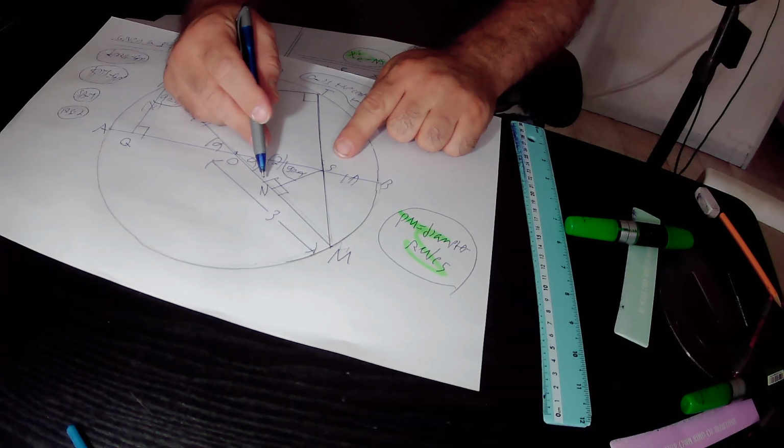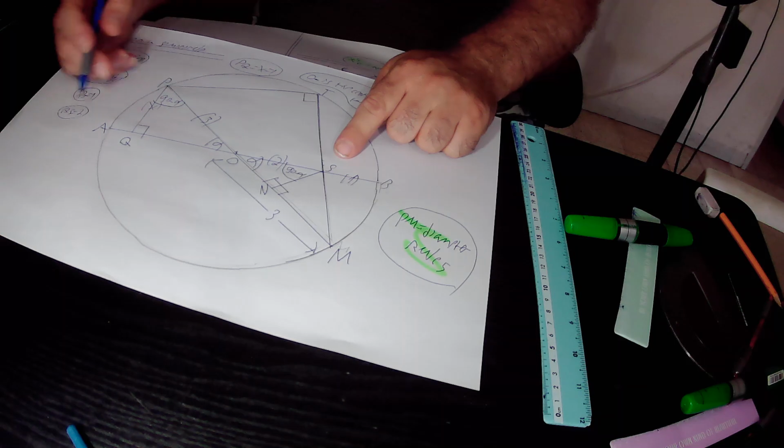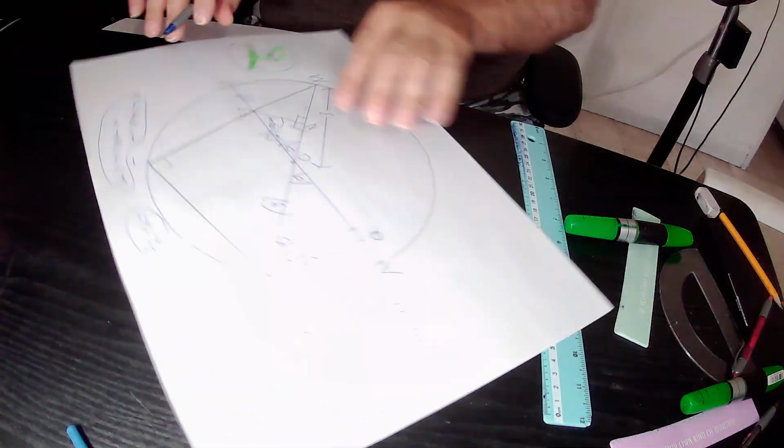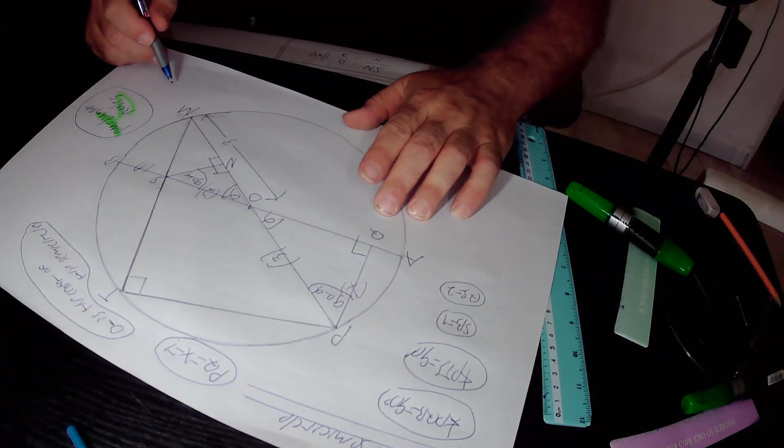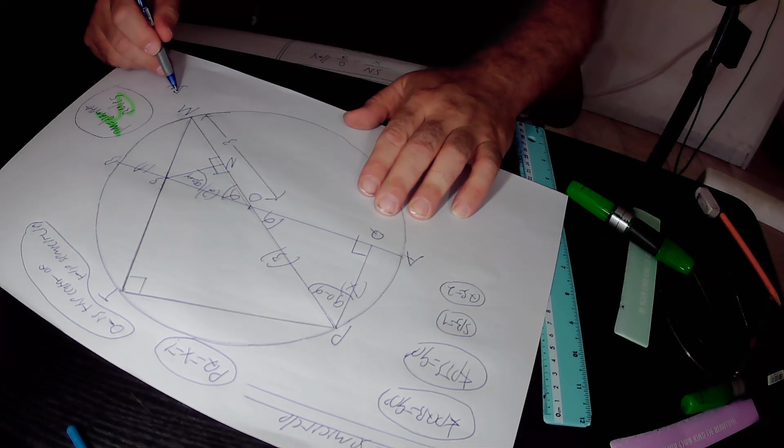This is the missing side, SN equals 2/3 x. Write it down. SN equals 2/3 x.